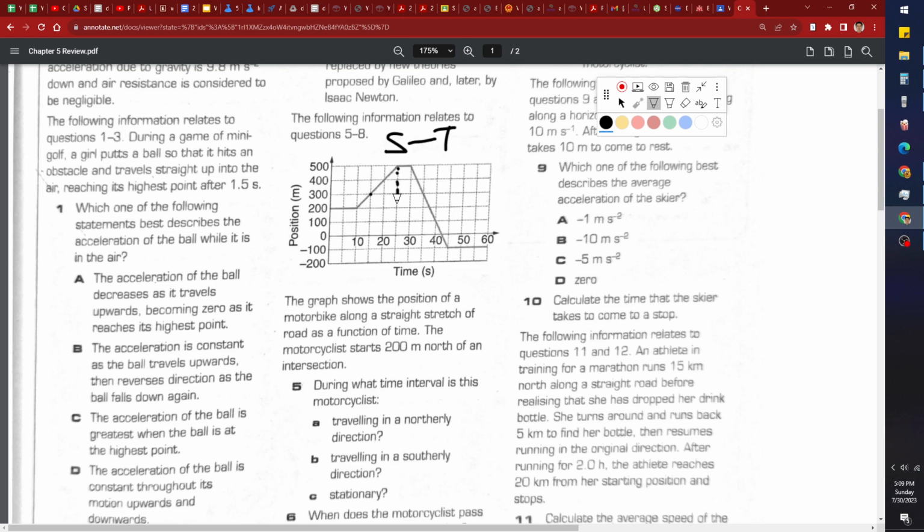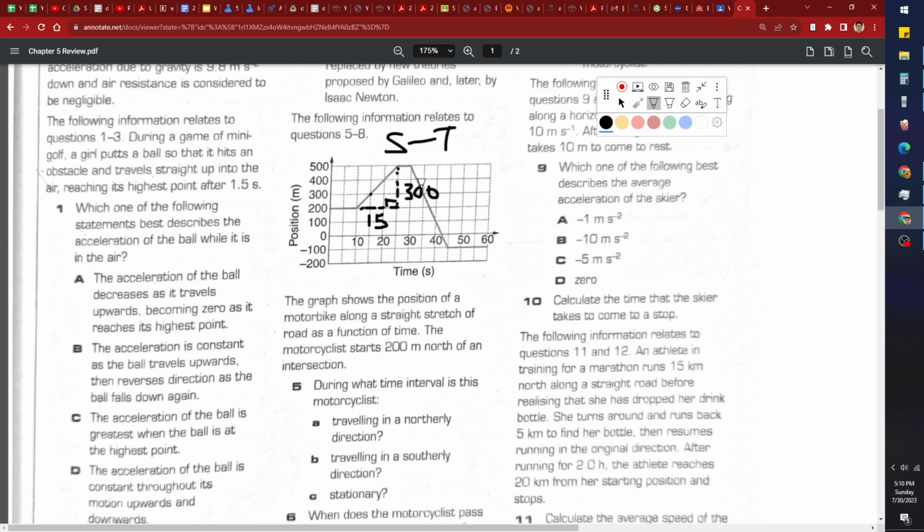And the whole line gives us nice numbers. So we just draw a little right-hand triangle. You can see it starts at 200, going all the way up to 500. So 200 to 500 means it added 300 meters in a time of 10 seconds to 25 seconds, or 10 seconds plus 15 seconds is 25.